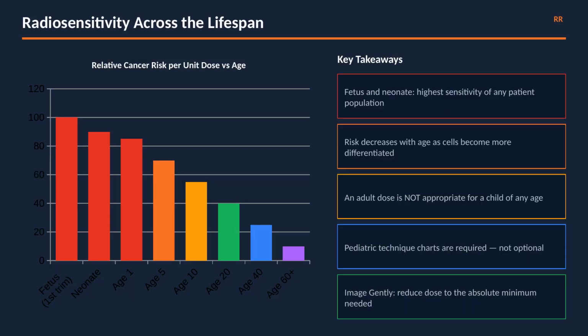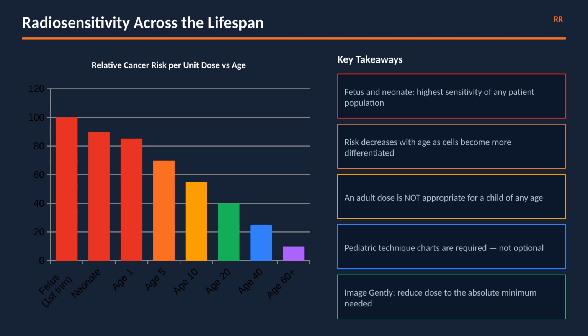This bar chart shows relative cancer risk per unit dose, from fetus through age 60 and beyond. The pattern is clear, and the registry tests it. Risk is highest at the beginning of life and falls steadily as the patient ages.